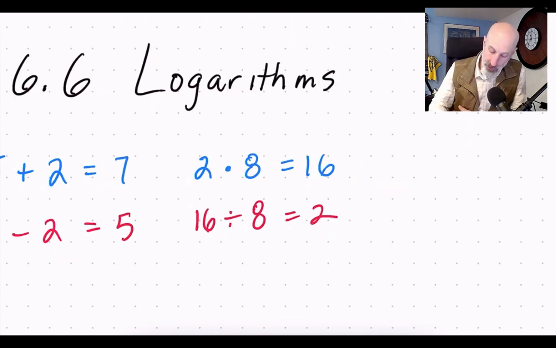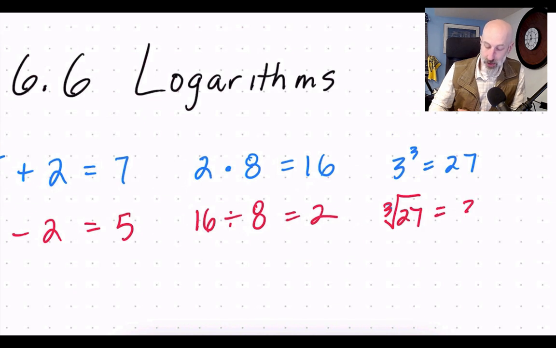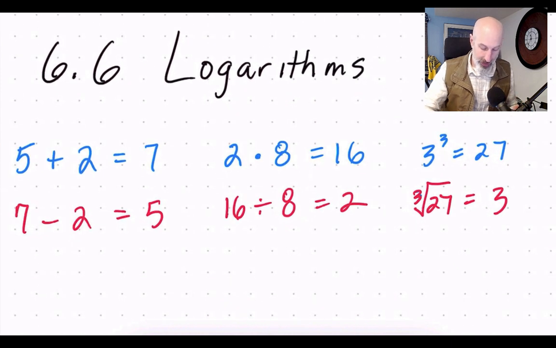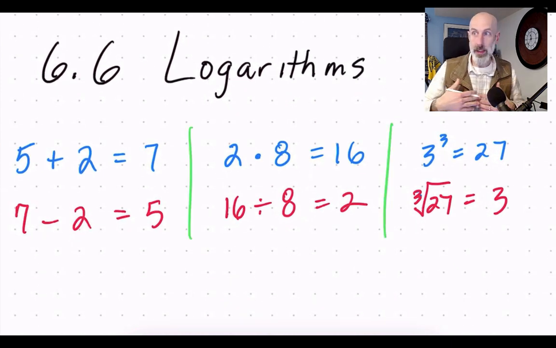Now, better yet, we can say something like 3 cubed is equal to 27, but then the cube root of 27 is equal to 3. Again, all the same facts, or each column represents a separate fact that is represented by two different operations.